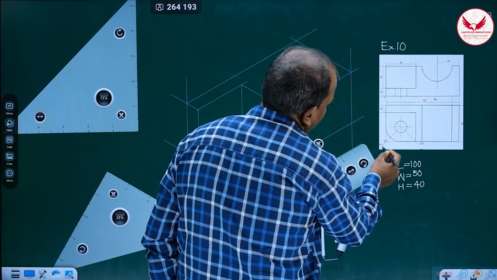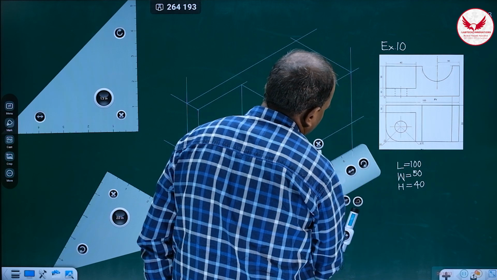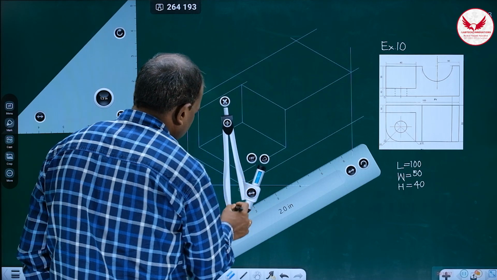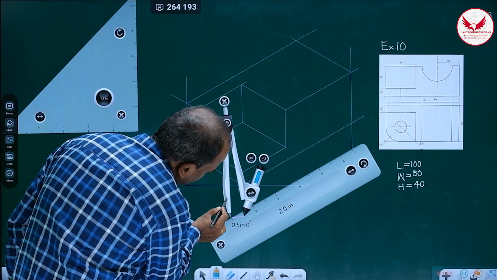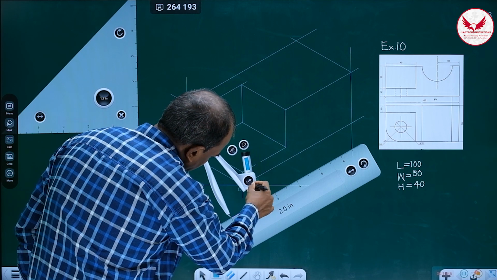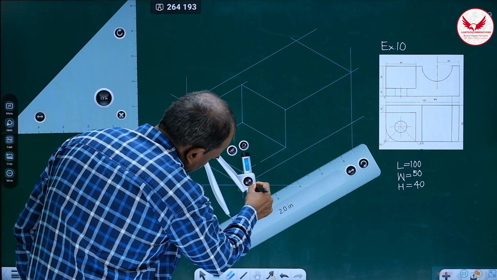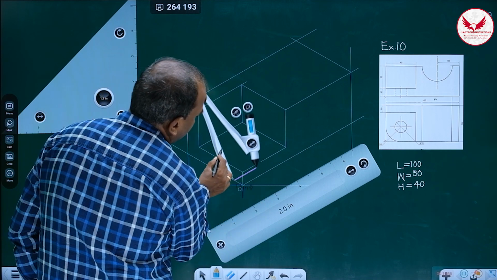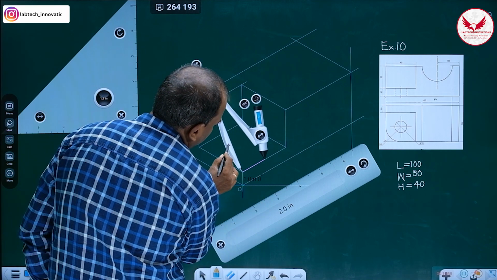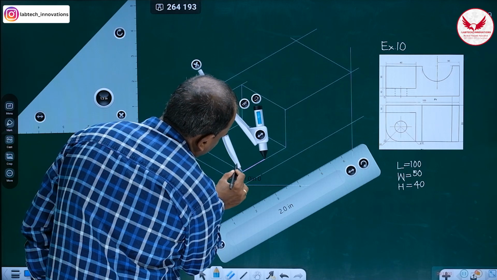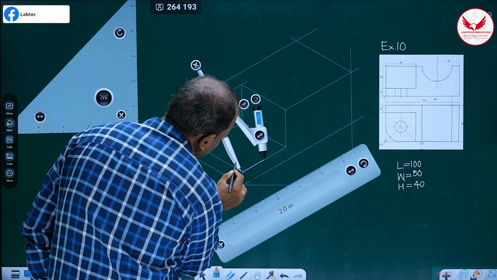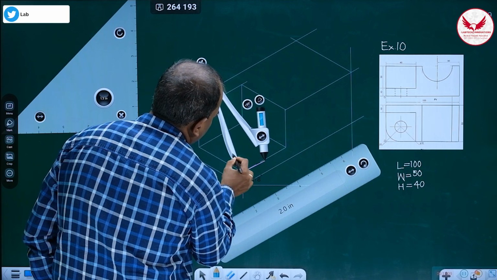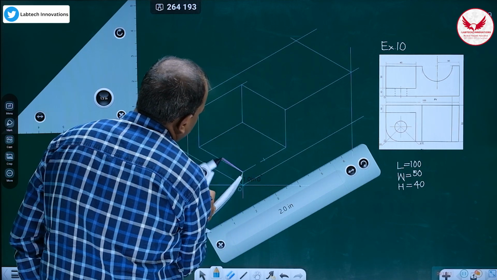Here, how much is the radius? 20. Then from this corner we have to mark, in the compass you take 20, and from this exact corner mark the arc on this side, similarly on this side also.